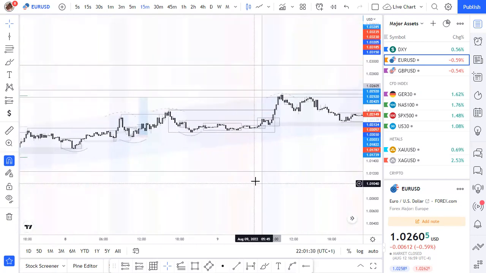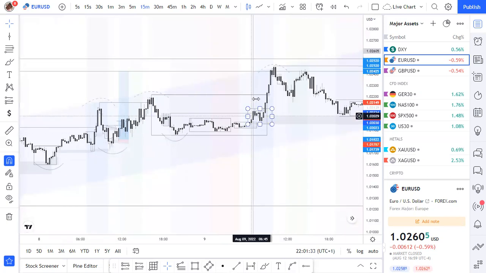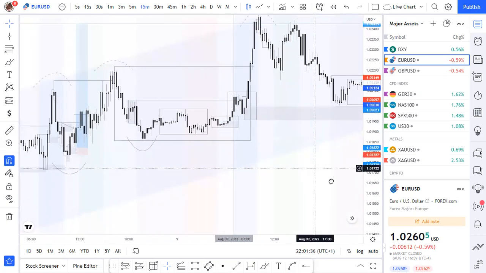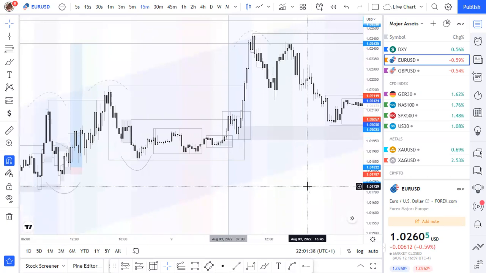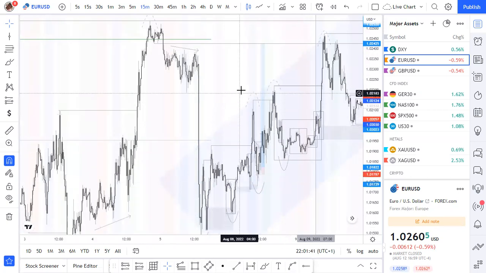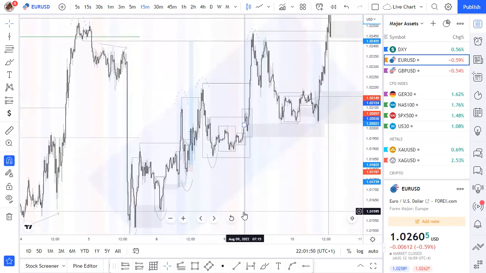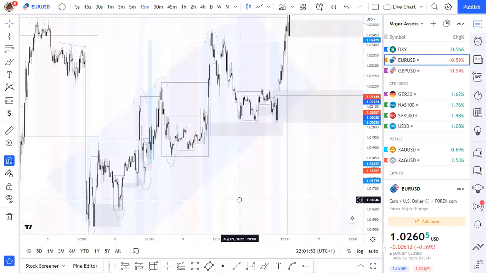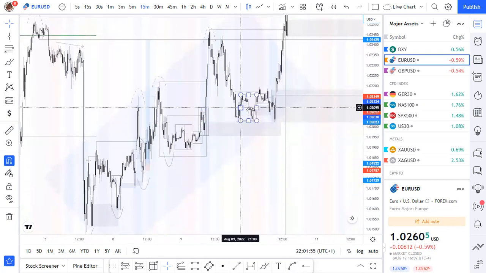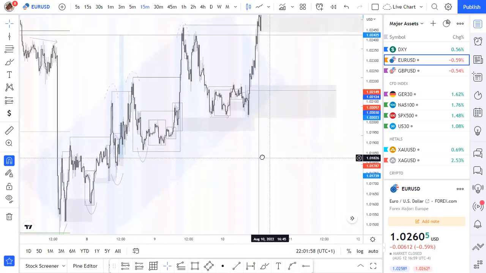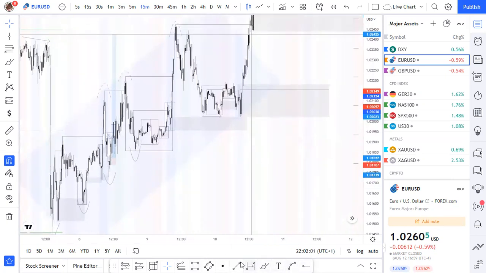So here on Wednesday morning, I'm not sure this is Wednesday. This is Monday here, 8 August. This is Tuesday. Next Tuesday, and this is Wednesday here. Okay. Yes, so here is Wednesday, London session.